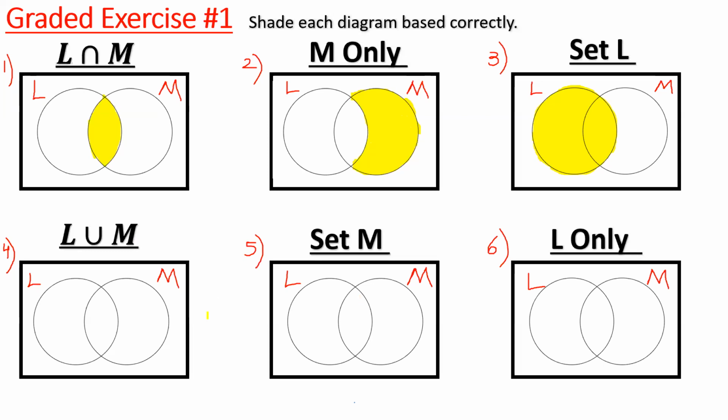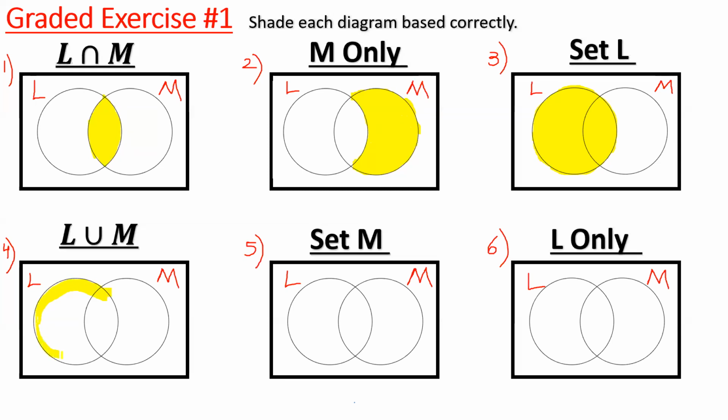Like the set L, set M, and the intersection. Very good. Excellent way to put it. Set L, set M, and the intersection. So that's going to be the union.